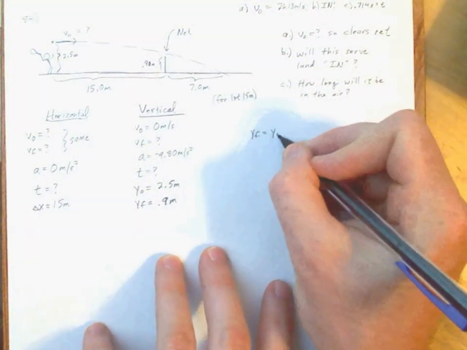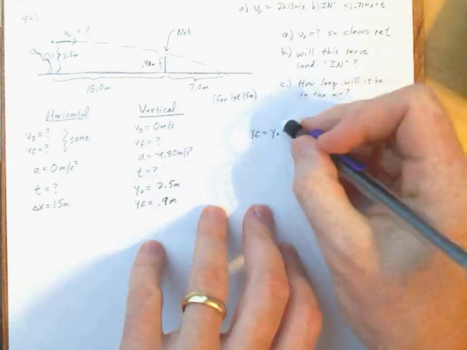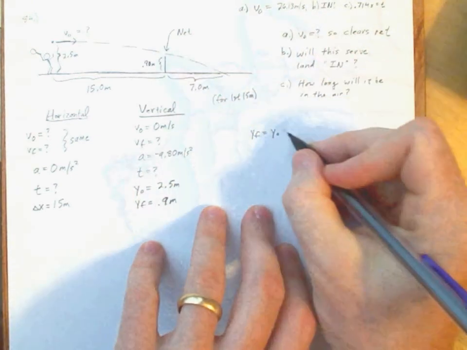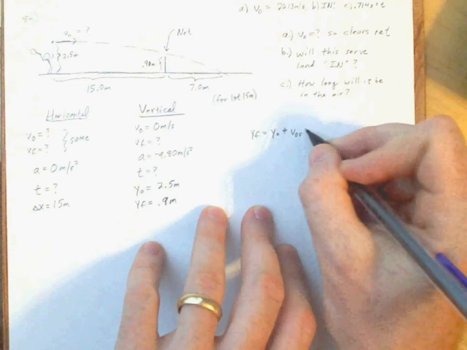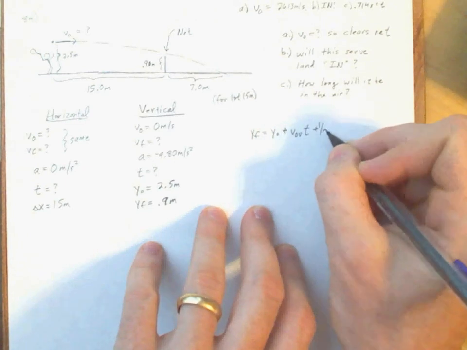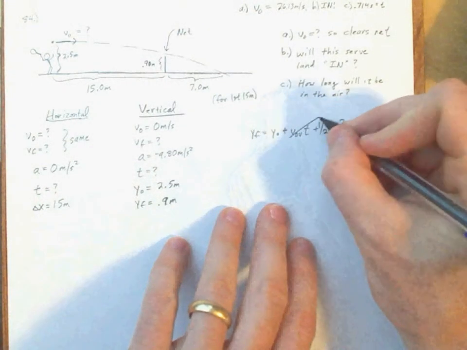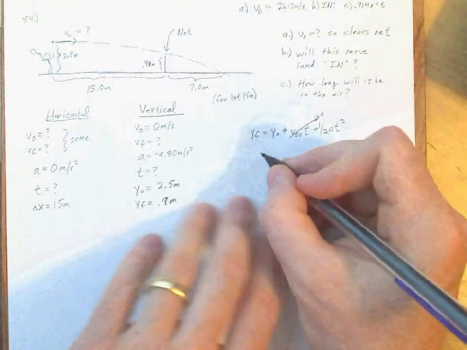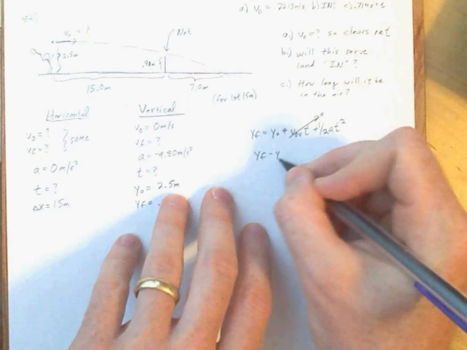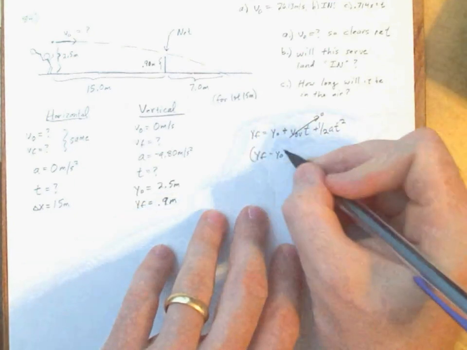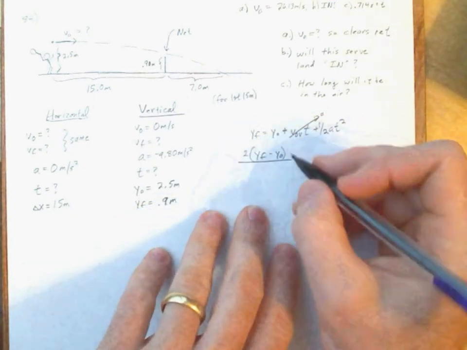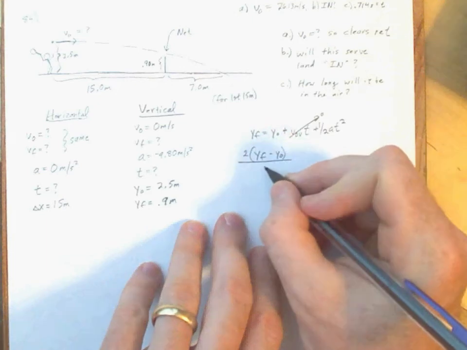So vertically, I'll say y final equals y original plus v original vertical times time plus 1/2 a t squared. My original vertical velocity is 0. This becomes t equals the square root of (y final minus y original) times 2 divided by a, where a is negative g.